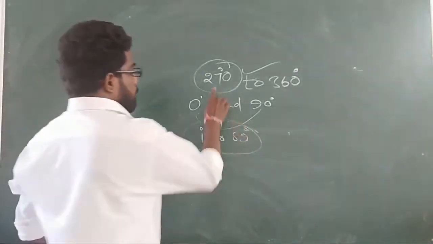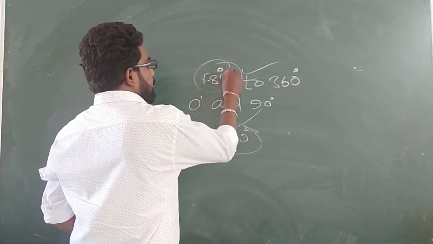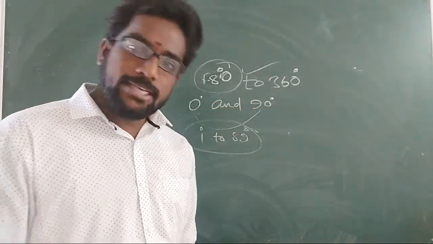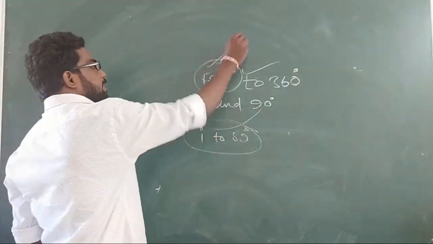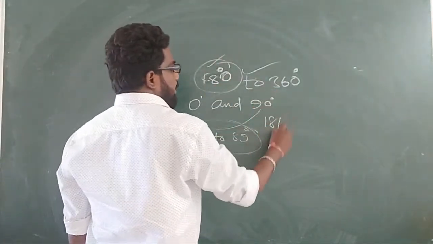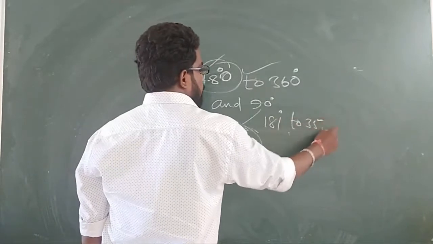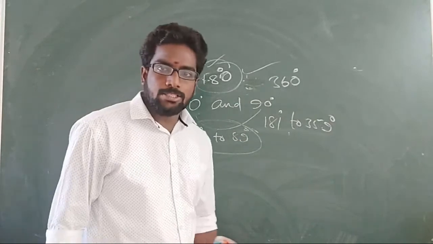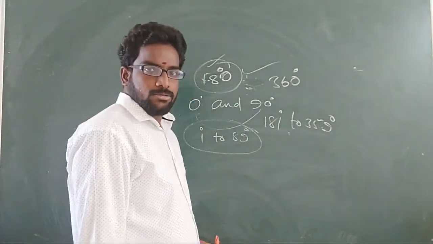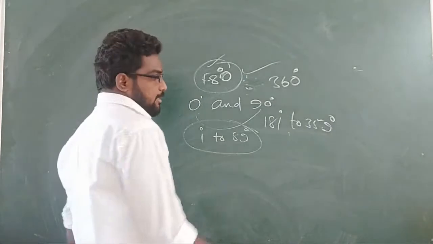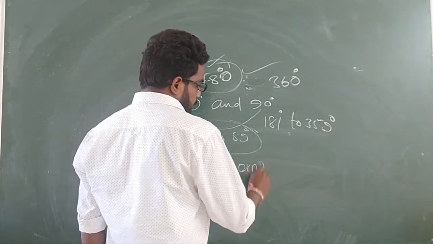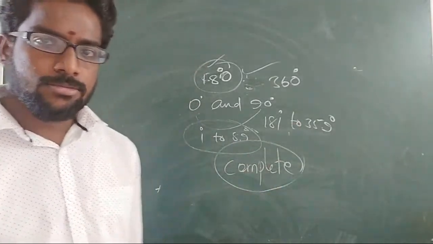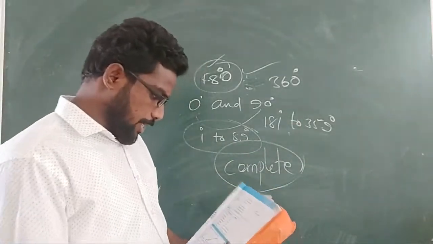180 is a straight angle. After 180, meaning 181 to 359, anything will be considered a reflex angle. 360 degrees means complete angle; the angle is completed when we get 360.